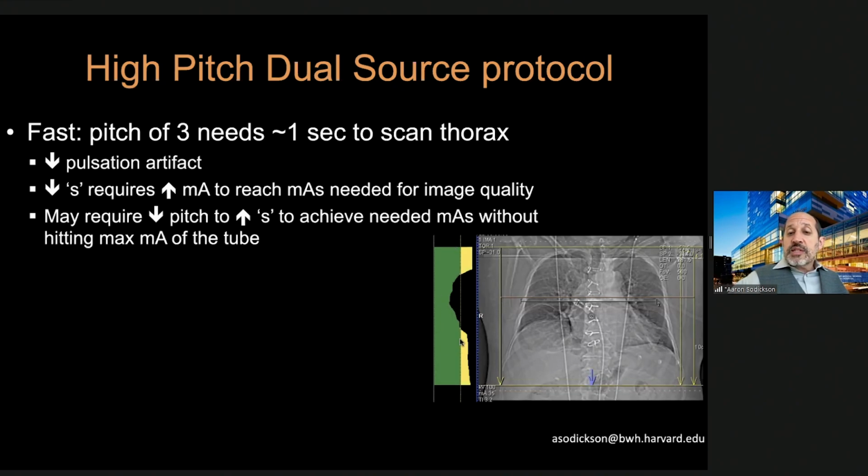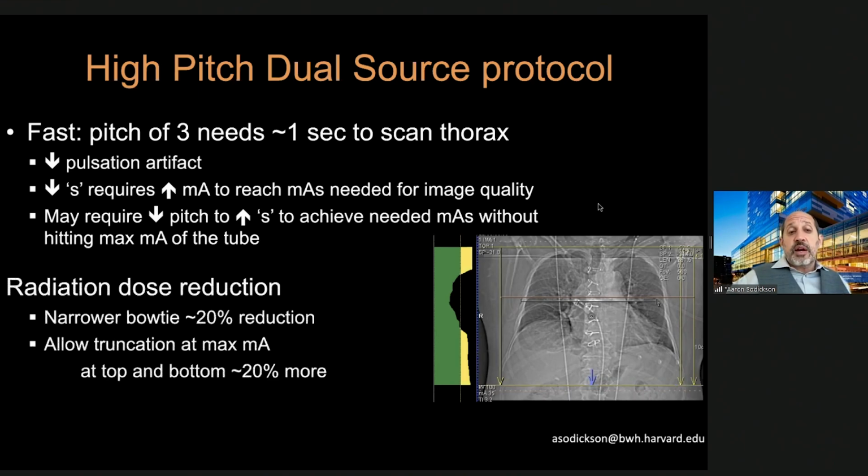And so we trained our techs to basically keep most of the lungs in the green by knocking down the pitch a little bit. And that allows us to keep doing these scans, actually even in some rather large patients, at 100 kV. This trick gave us some additional incremental dose reduction compared to our regular approaches.